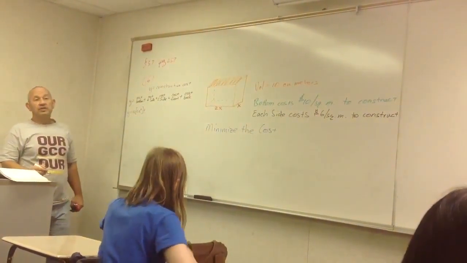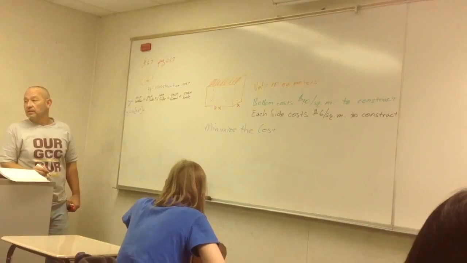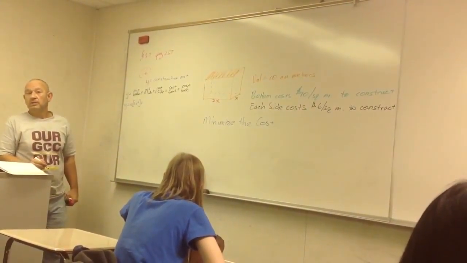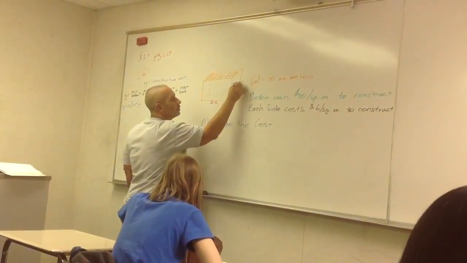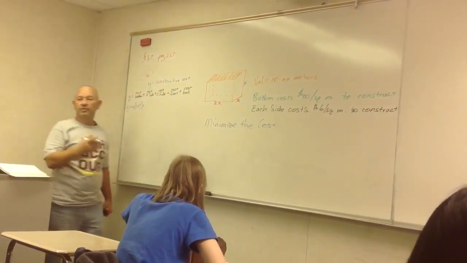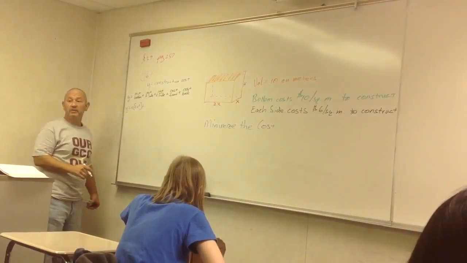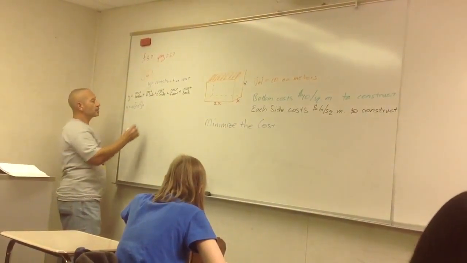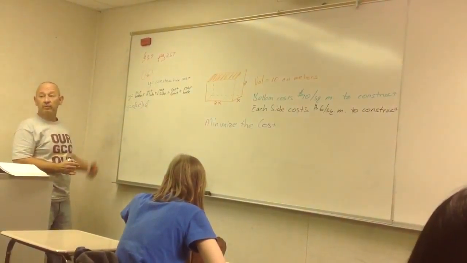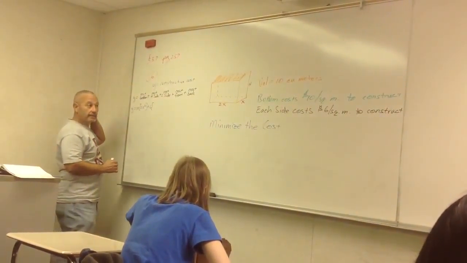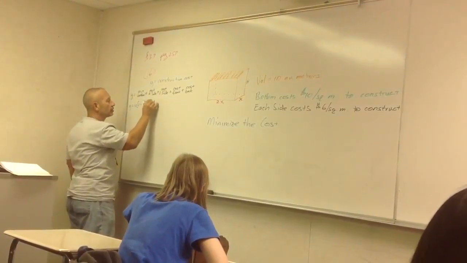Well, what does it cost to build the right side? X squared. Well, now wait a minute. How tall is the box? We don't have that yet, do we? So I'll throw in another variable there, the height of the box. So the cost of the right side is going to be 6 times the area of the right side. And what is the area of the right side? xh.